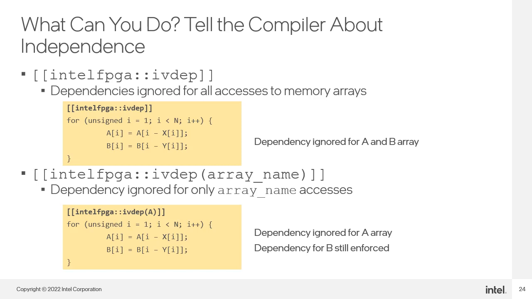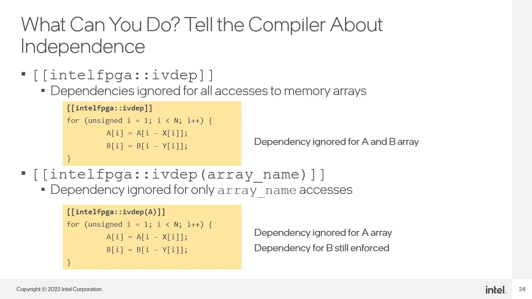Sometimes you can have memory dependency because from one loop iteration to the next iteration, the compiler believes that an access had to be finished first before continuing. This example here shows something that can be interpreted that way by the compiler. Looking at A, the compiler can predict the dependency. You can ask the compiler to ignore dependencies by using the construction Intel FPGA : ivdep, just as shown in the example code.